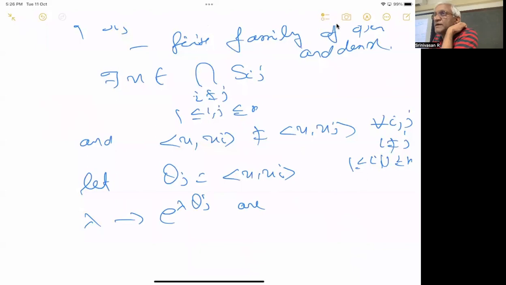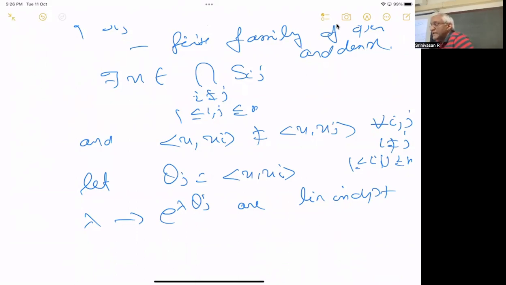They are linearly independent when theta j is not equal to theta i, linearly independent as functions. Do you know this? Exponential functions are linearly independent as functions. It's very easy to prove. If you differentiate, this is a function of lambda, you will get theta j as the eigenvalue.